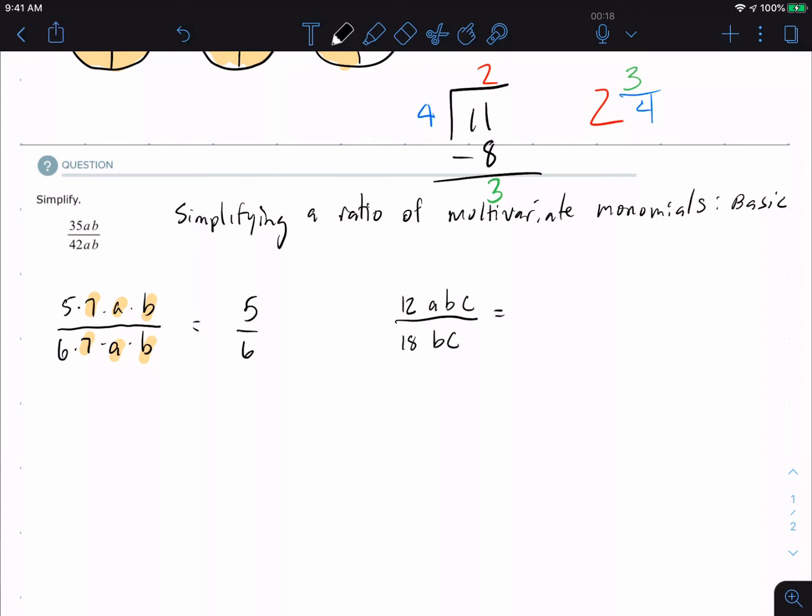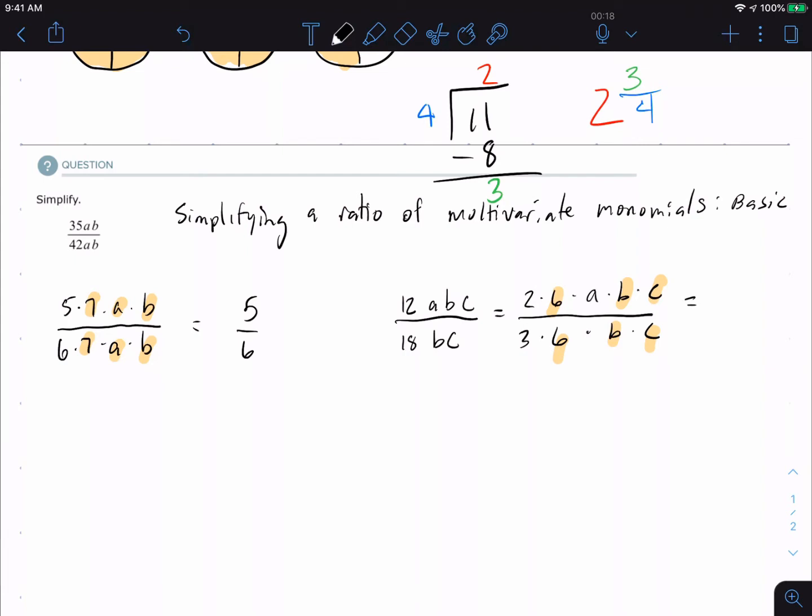Okay. Well, we got a couple people. To break this thing down, I know the numbers that work, so I'm going to go 2 times 6 times A times B times C. And the bottom is going to be 3 times 6 times B times C. And then we see the C's will cancel, the B's will cancel, the 6's will cancel.